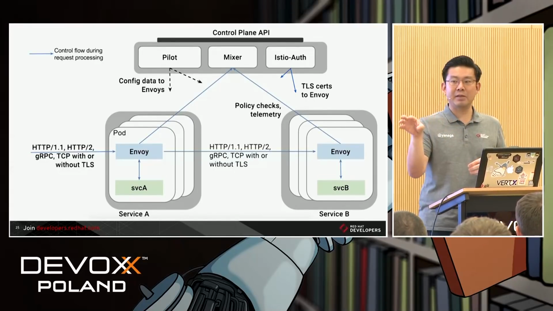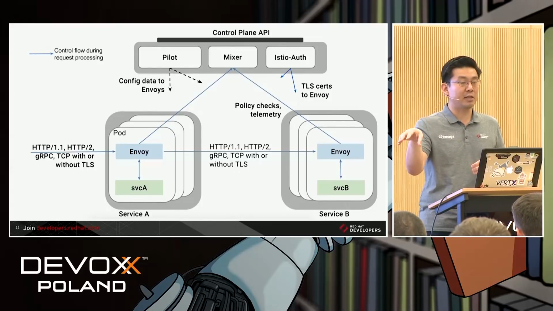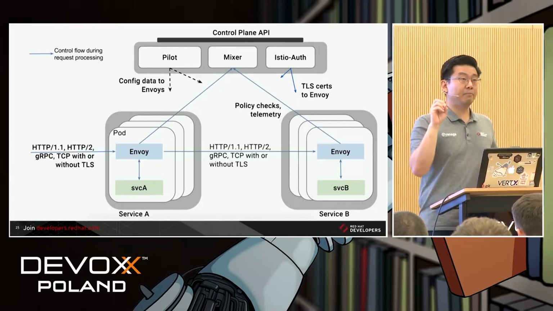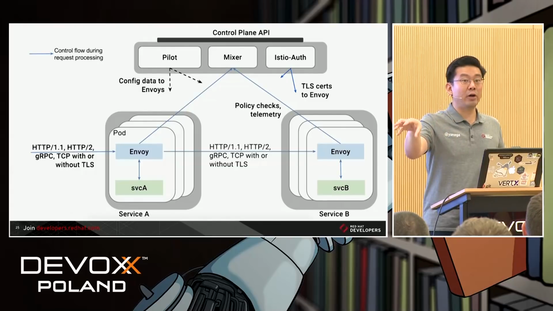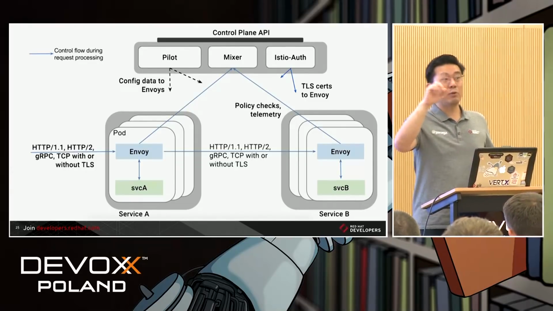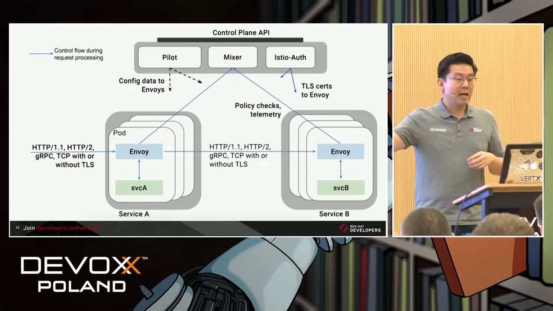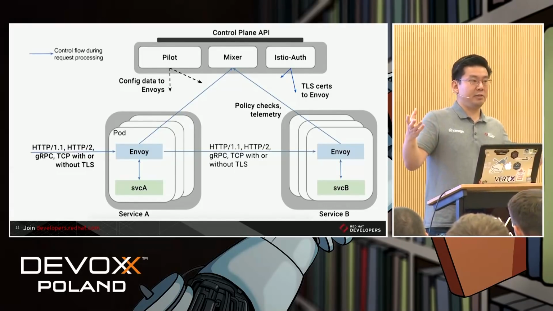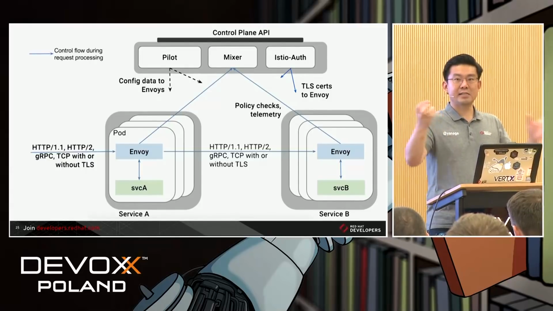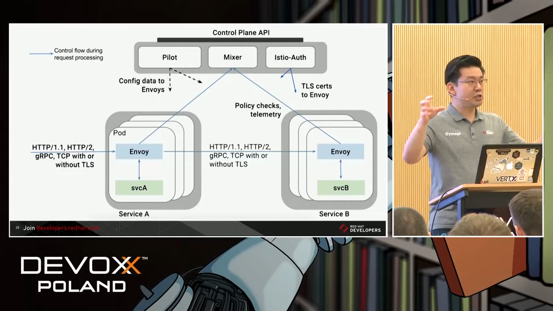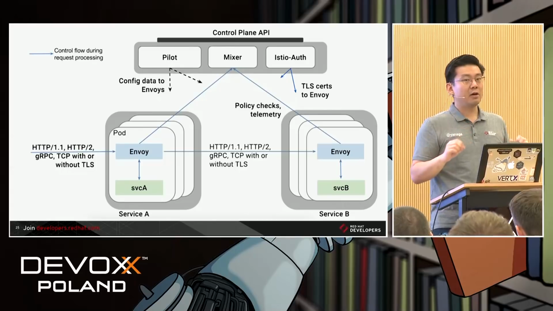For example, you can inject faults in a microservice network. You can rate limit: I want this endpoint to receive at most 10 requests per second. So this kind of statistics is controlled by Mixer. And Istio Auth deals with security. So if you want mutual TLS authentication between your endpoints, because that's a good practice.